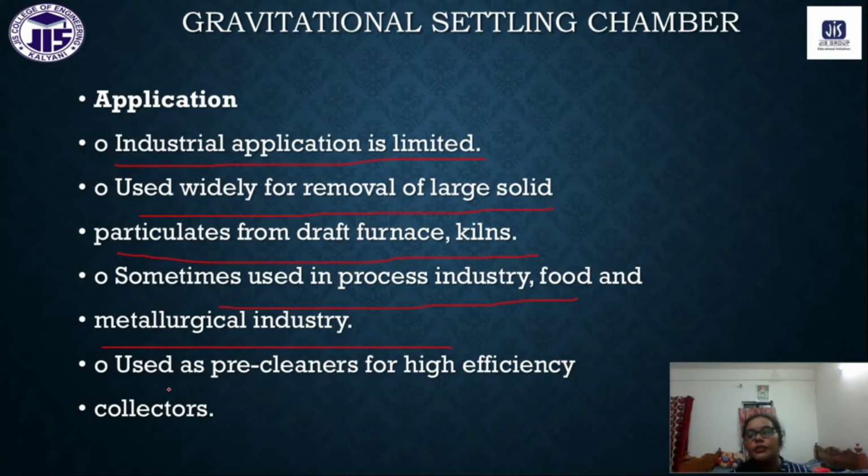It is also used as a pre-cleaner for high efficiency collectors. So these are some of the fields where we can apply the gravitational settling chamber.